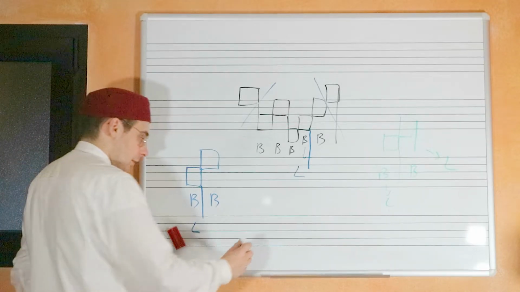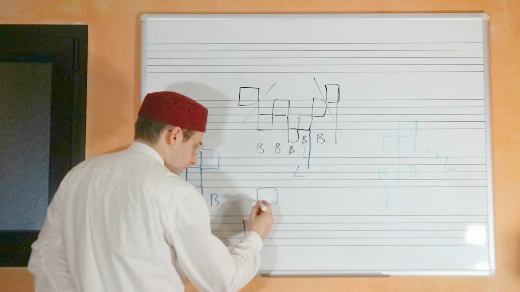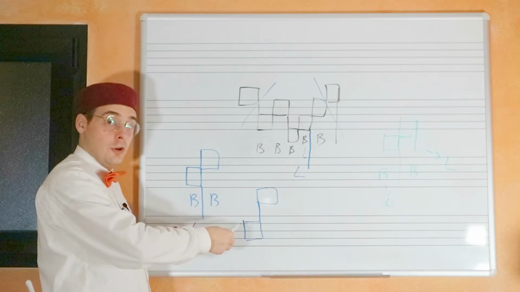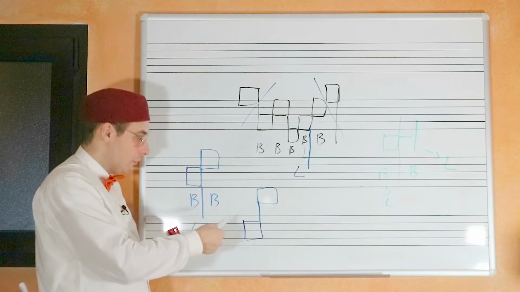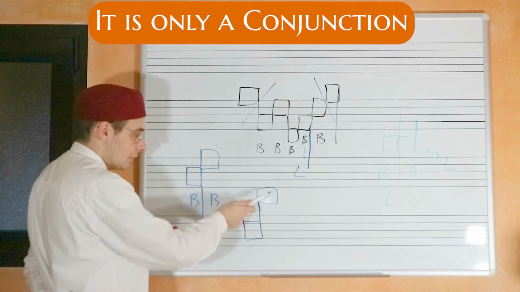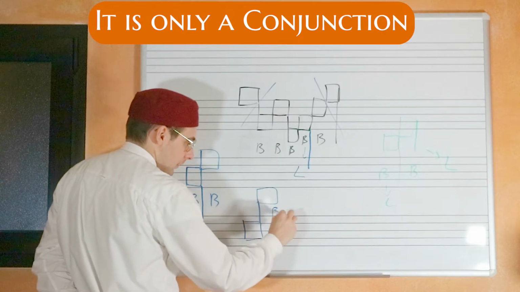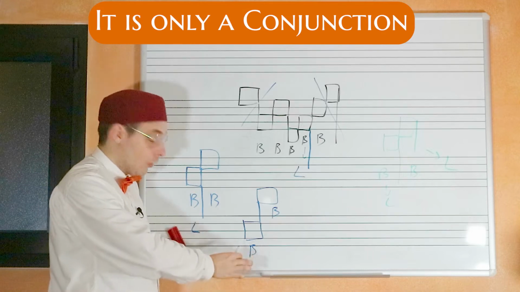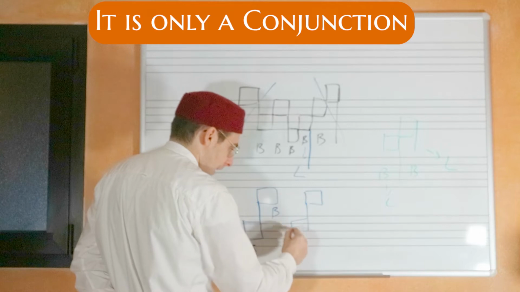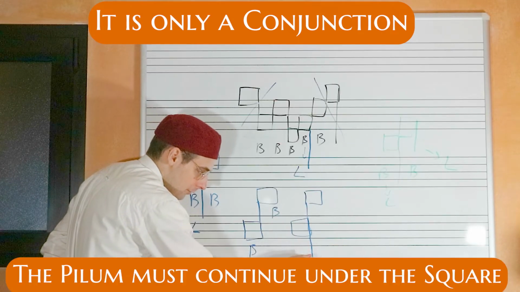But what happens if I write this? Is this a pilum? No. This is not a pilum. This is the connection, the conjunction between the first and the second note. So this is brevis plus brevis. If I want a longa plus brevis, I have to write the pilum that goes down.